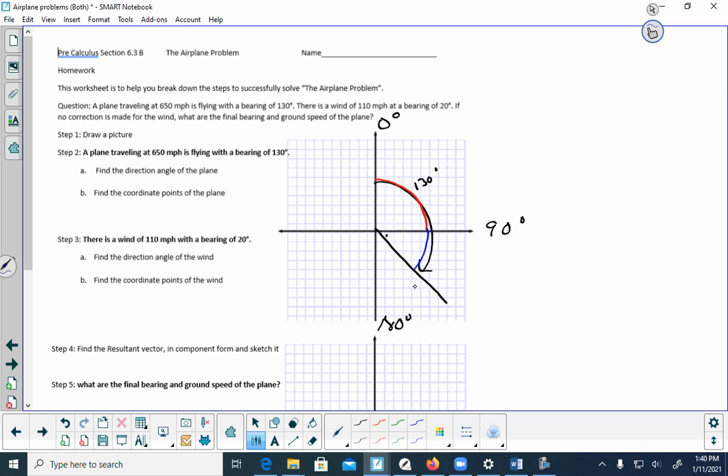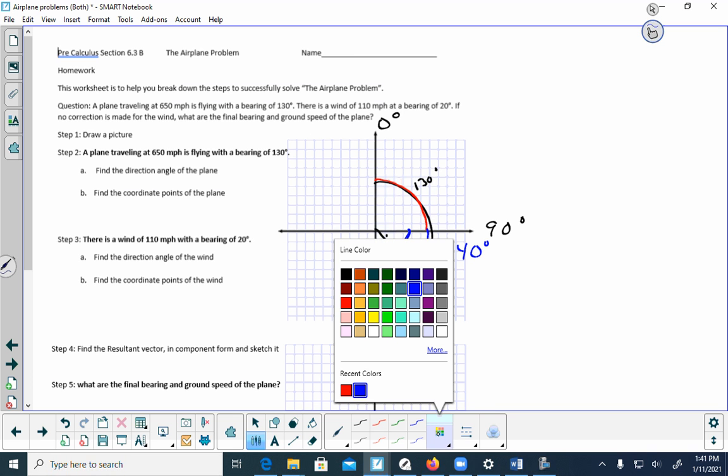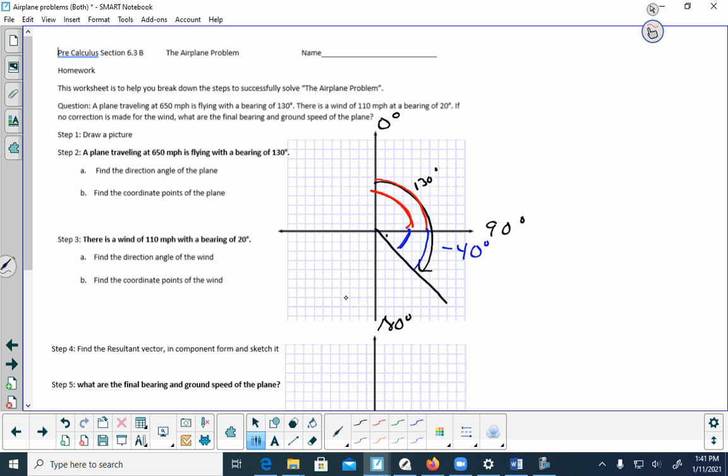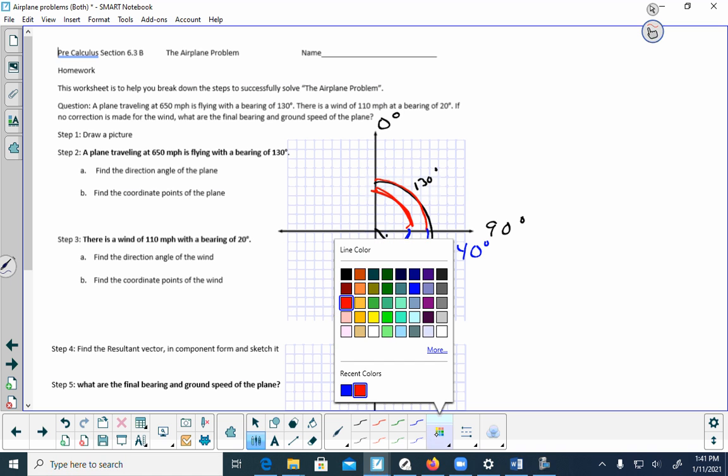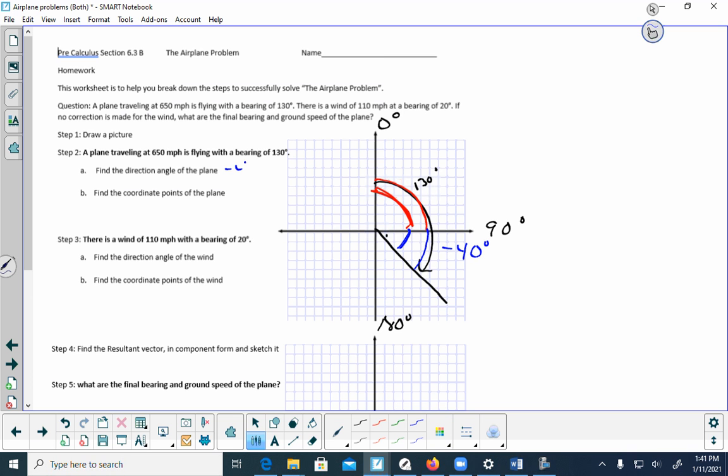But since I'm moving down, in a clockwise direction, and in trig that's considered a negative angle, this is going to be a negative 40 degrees, because this 40 degrees plus this 90 degrees will give me that whole angle of 130 degrees. So when it says find the directional angle of the plane, I'm going to use negative 40 degrees. Now, if you change it to positive 320 degrees, that's the same thing, and that's perfectly fine.